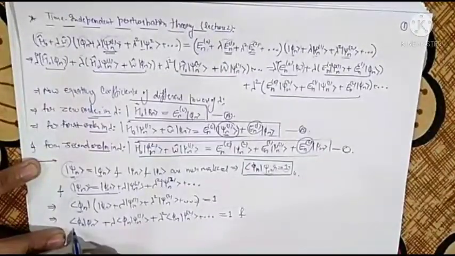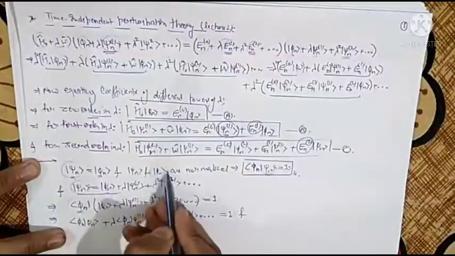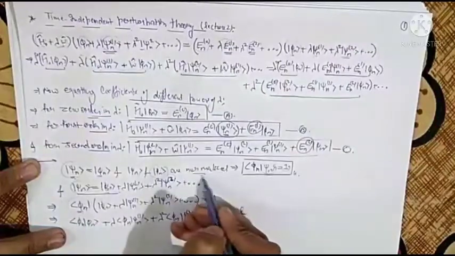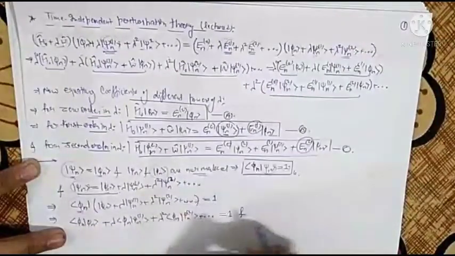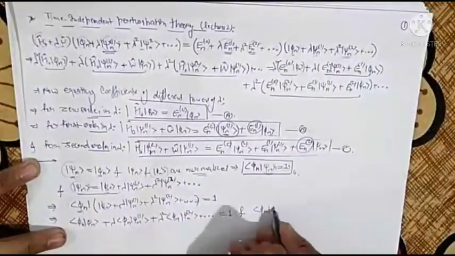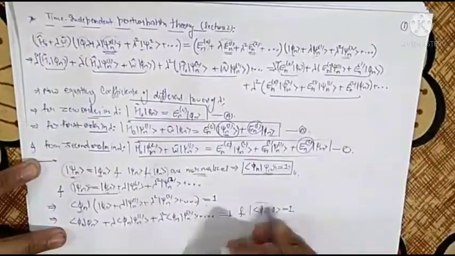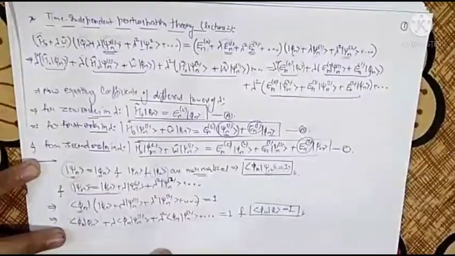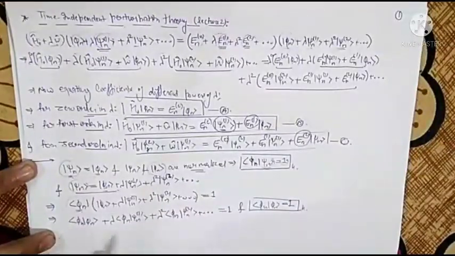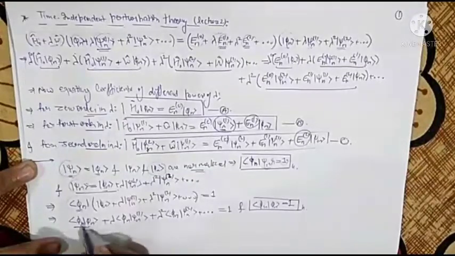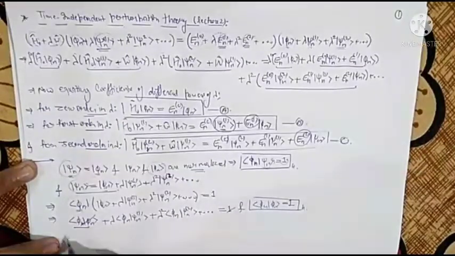Also we have assumed that these states are normalized states, and if they are normalized, then the dot product of that state with itself has to be 1. So it is the condition of normalization. So this quantity is 1, it is 1, so this will cancel and it will be 0.